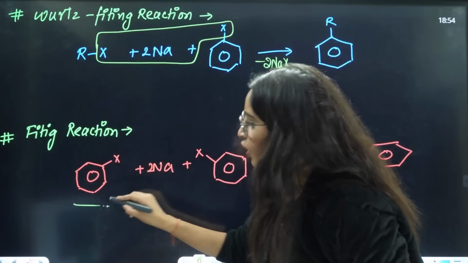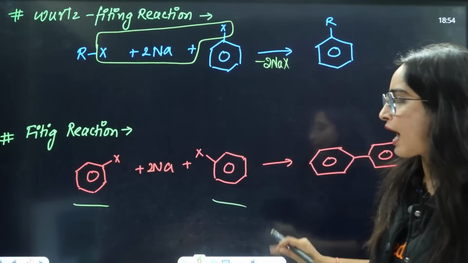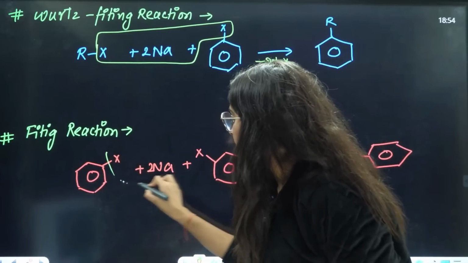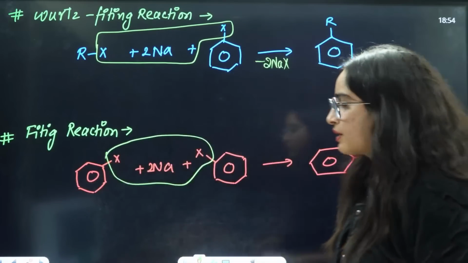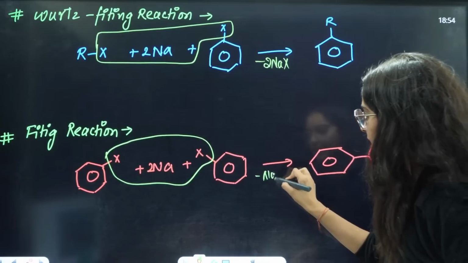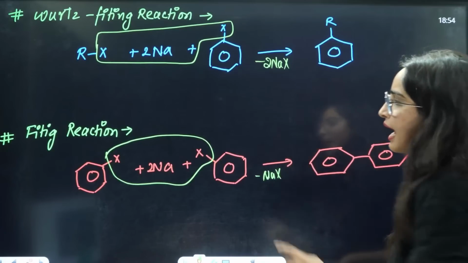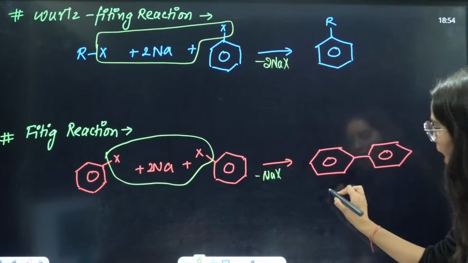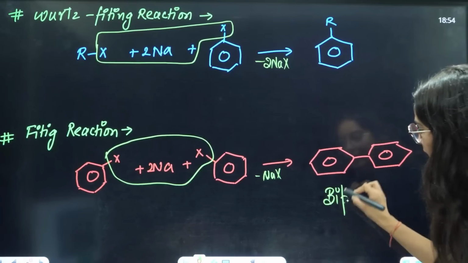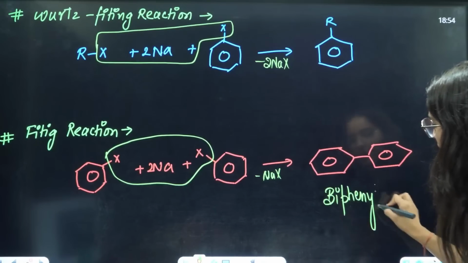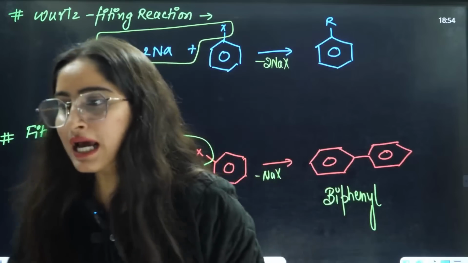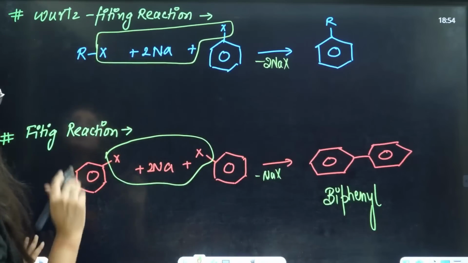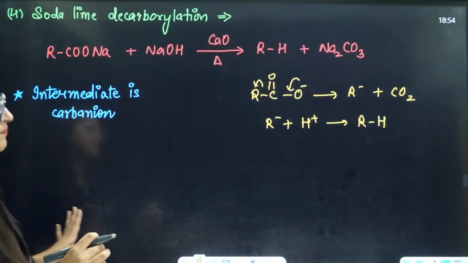So now this is also aromatic, this is also aromatic. Again, minus NaX will be eliminated from this side, and you will have the formation of biphenyl or diphenyl. That is your Wurtz-Fittig and Fittig reaction.